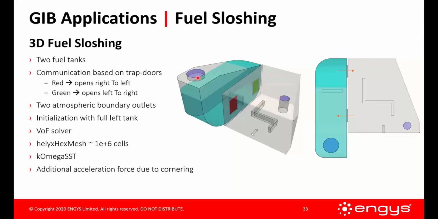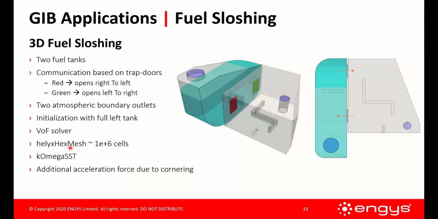There's also 2 atmospheric boundary conditions, here at these purple or blue patches up at the top. The initial state is that the left tank is full. This uses a multi-phase solver, so VOF, and the mesh was generated inside of Helix. The turbulence model that was used was K omega SST.